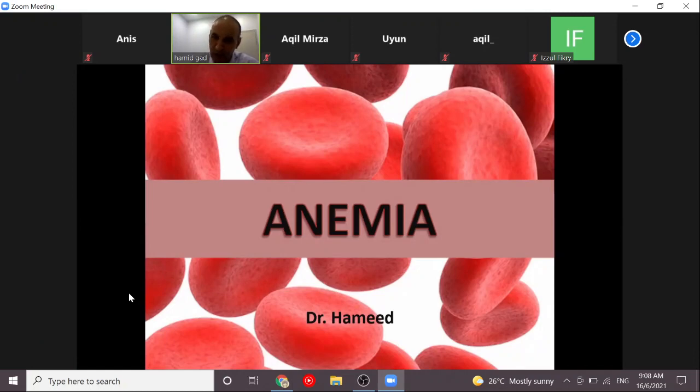I'm not going to go through the physiology, but I hope you understand what blood is as a connective tissue, consisting of cells and the plasma. You all know that the cells are red blood cells, white blood cells, and the platelets. This one you should know. And hemopoiesis, erythropoiesis. Today we will take the red blood cells, RBCs.